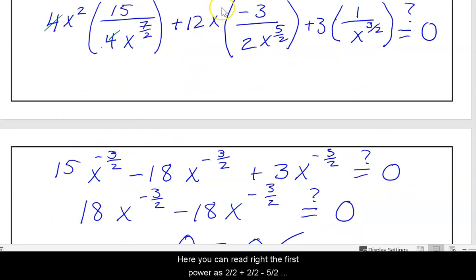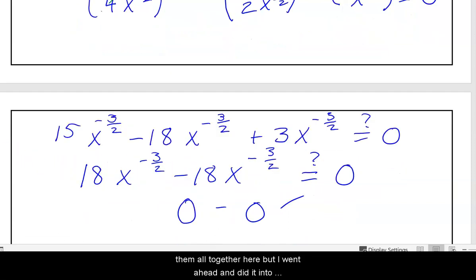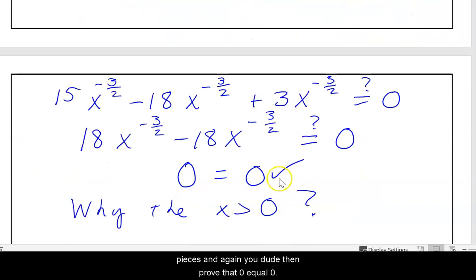Here you can rewrite the first power as 2/2, and 2/2 minus 5/2 is also -3/2. I went ahead and wrote the third one back in its power form in the numerator because it's easier since these are in that format. Notice that I can combine like terms. I could have added them all together here, but I went ahead and did it in two pieces. And again, you do then prove that 0 equals 0.